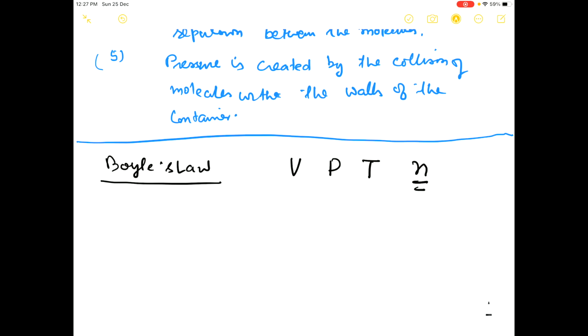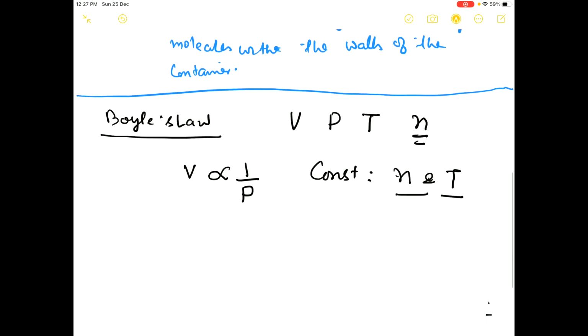In Boyle's law, this is the relation between volume and pressure. Volume is inversely proportional to pressure. This is called Boyle's law, and the number of moles and temperature are kept constant. Volume of a gas is inversely proportional to pressure.